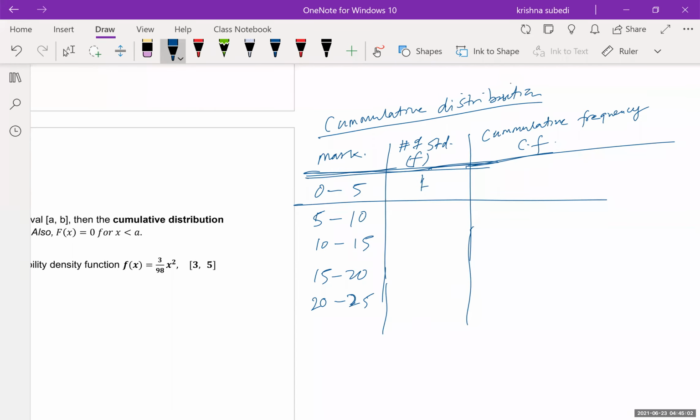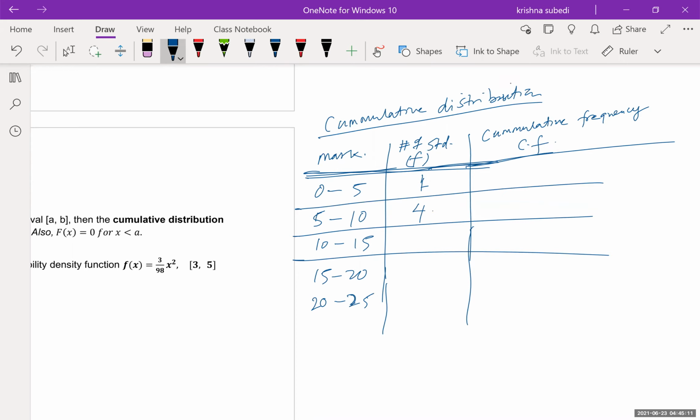Suppose there are 4 students who scored between 5 and 10. Suppose there are 10 students who scored between 10 and 15. Let's say there are 5 students who scored between 15 and 20. And let's say there are 10 students who scored between 20 and 25.